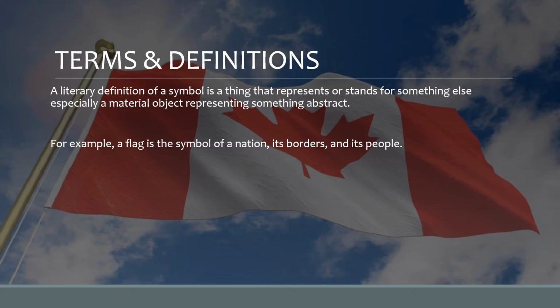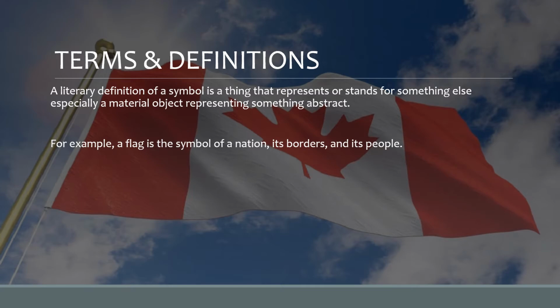I also want to talk about a literary definition of a symbol. Because of course we're in creative writing, I want to look at the literary definition. So a symbol is a thing that represents or stands in or for something else. And it is normally a material object, so something that we can hold, touch, smell, taste.